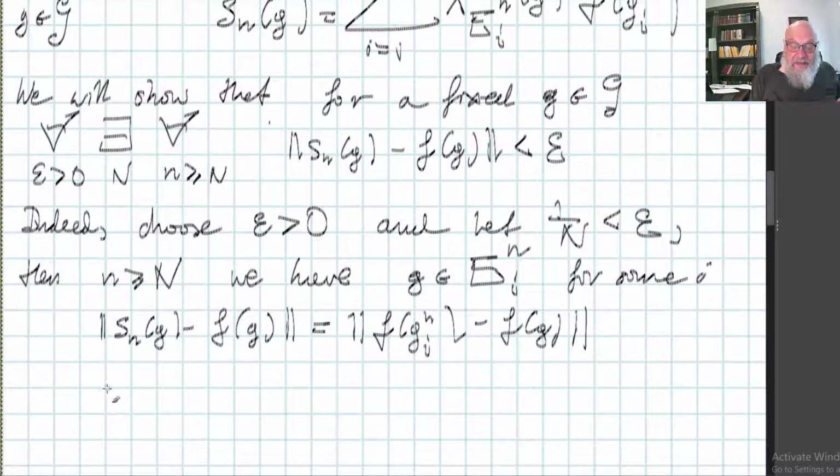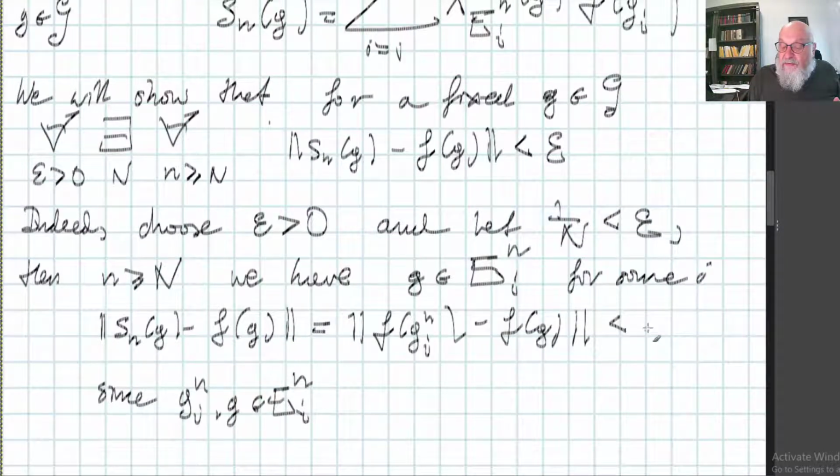This is the norm, and in such a case, since g_{i,n} and g belong to the same set E_{i,n}, that norm is smaller than epsilon.